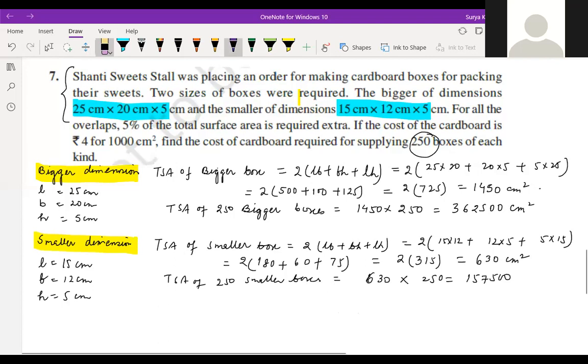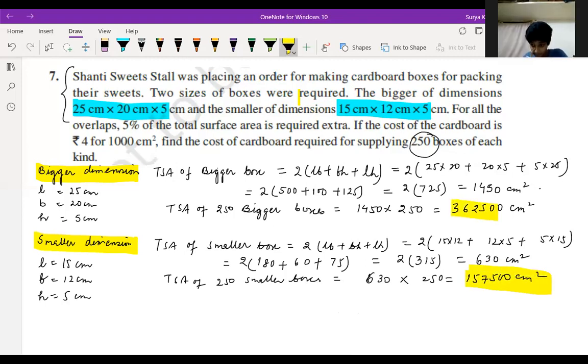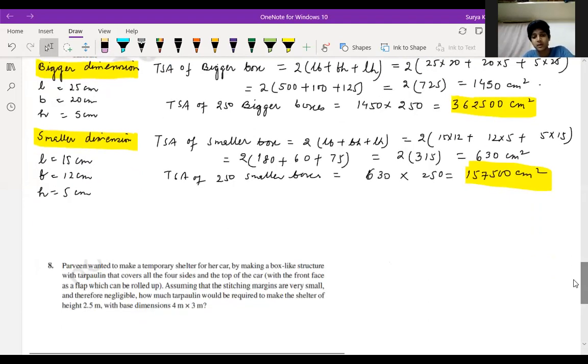Okay. So this is the part for the first smaller one and this is for the bigger one. Now add both, right? Yes, sir. And multiply it with 5 by 100.